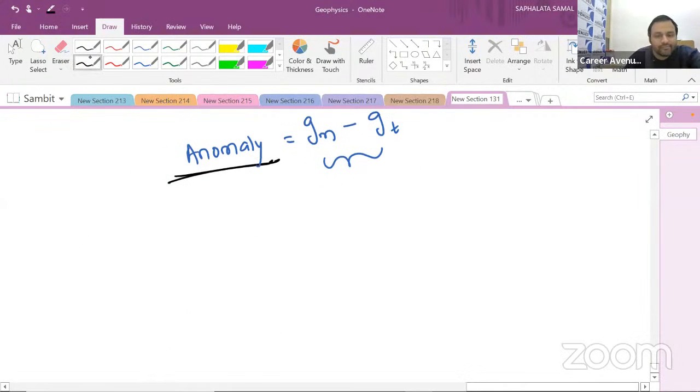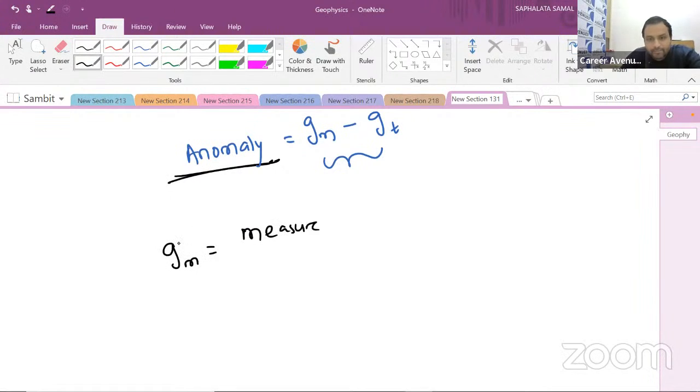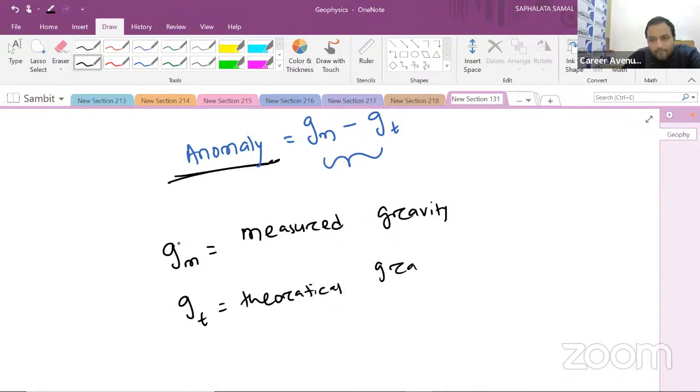So I have a measured gravity, that is GM. I use the gravimeter to measure the gravity value. Similarly, we have GT, the theoretical gravity value, which is calculated on the basis of the reference spheroid.